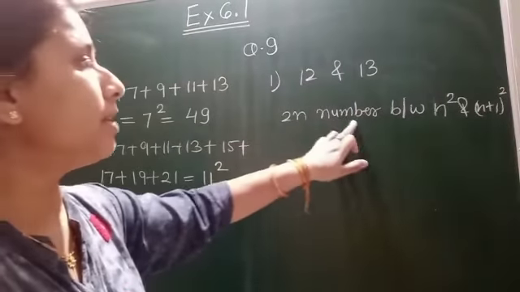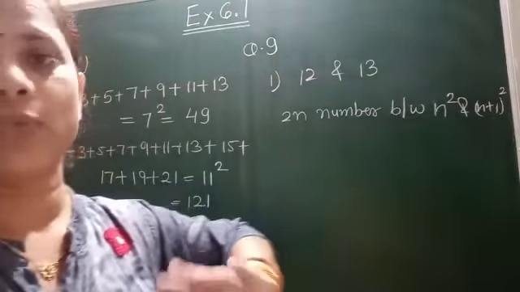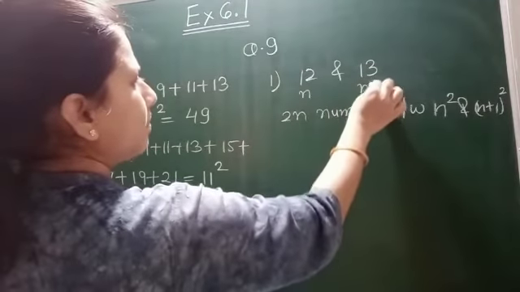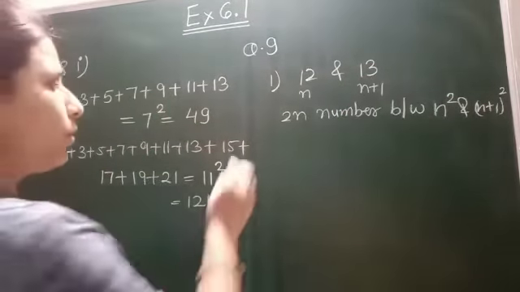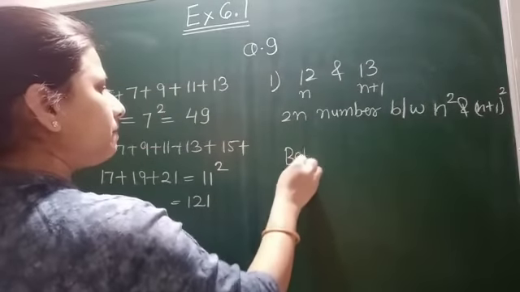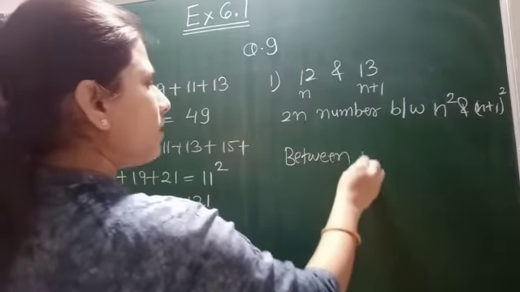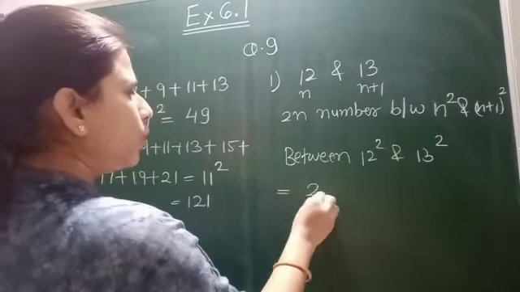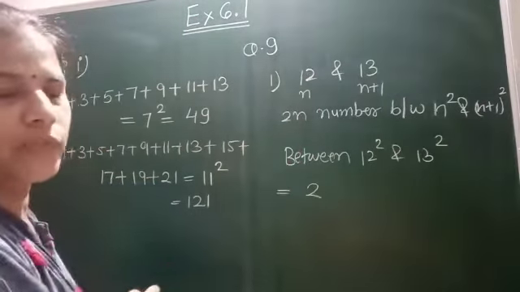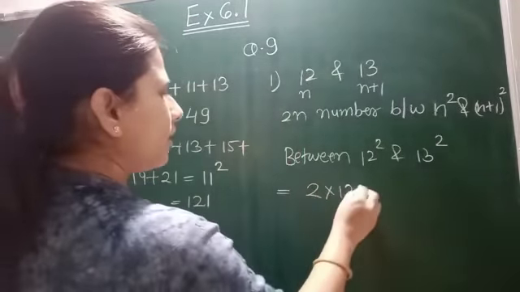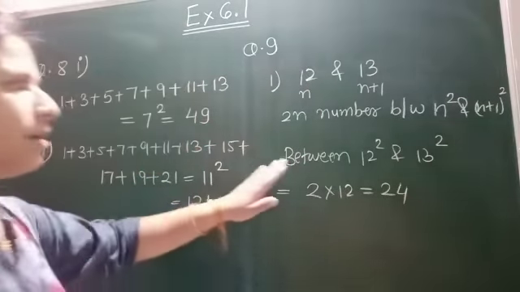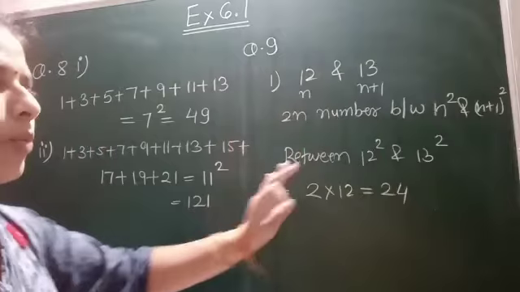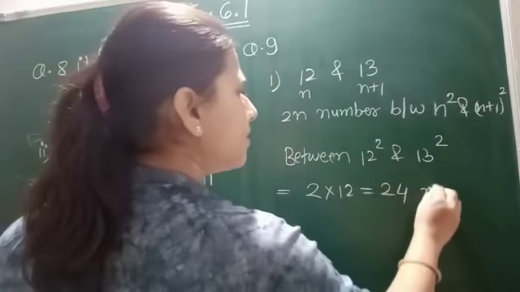So here the value of n is 12 and the value of n plus 1 is 13. So between 12 square and 13 square, 2 into n, in place of n what will we substitute? 12. Between 12 square and 13 square there are 24 numbers.